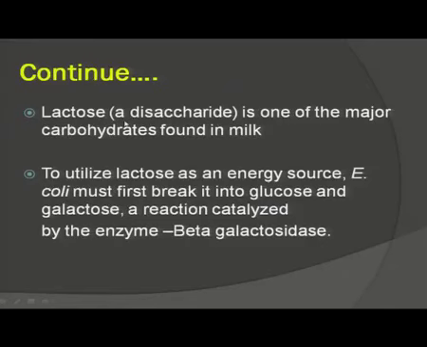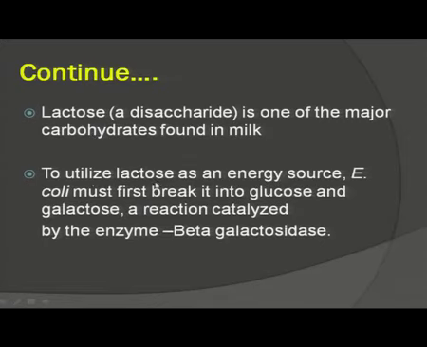Lactose is a disaccharide, as you have already learned in carbohydrates, having one molecule of glucose and another molecule of galactose, combined with a glycosidic bond. It is one of the major carbohydrates found in milk, so it is also known as milk sugar.